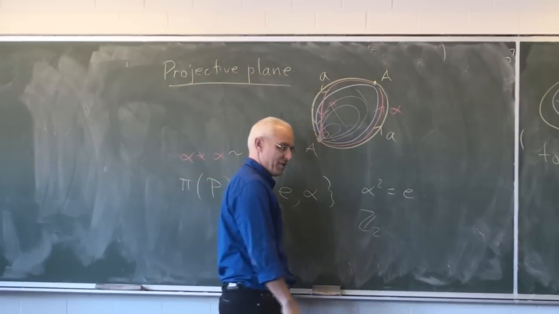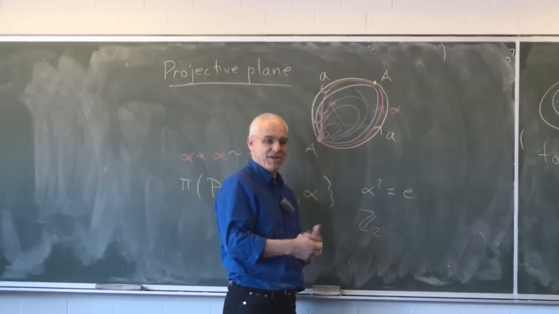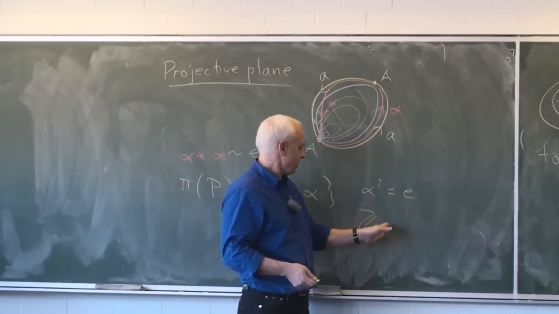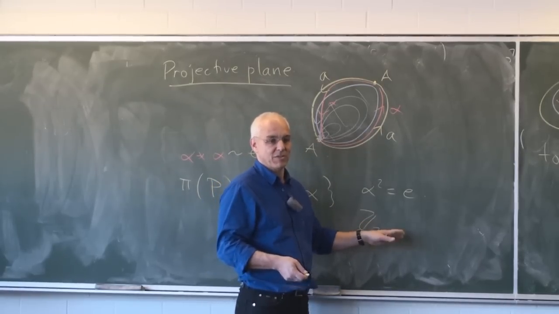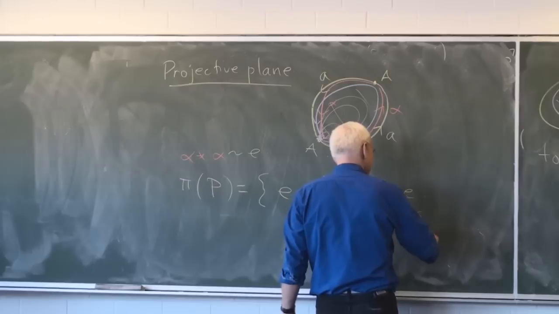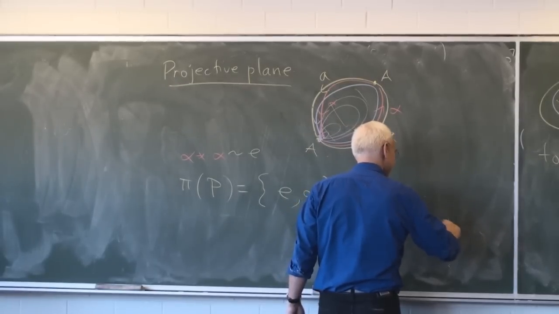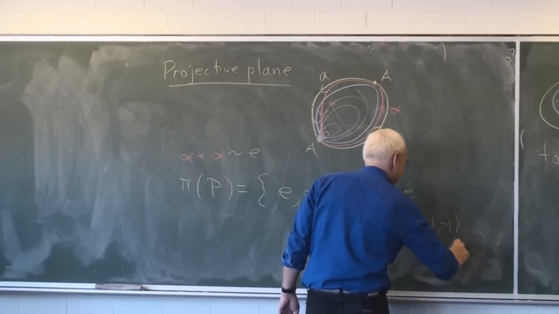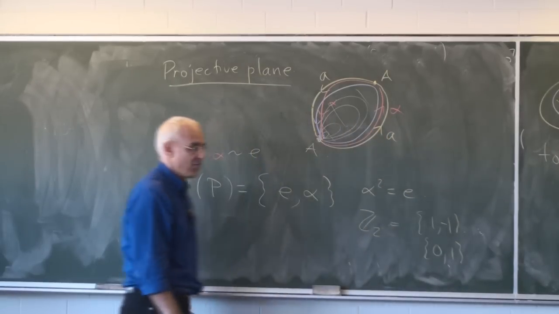It's the same as the group 0, 1 mod 2, or 1 and minus 1 multiplicatively, depending on how you like to think about things. Multiplicative group that way, or an additive group this way, mod 2.